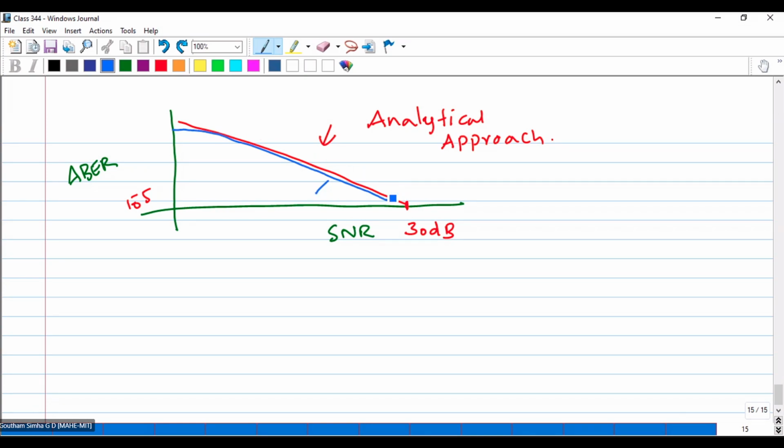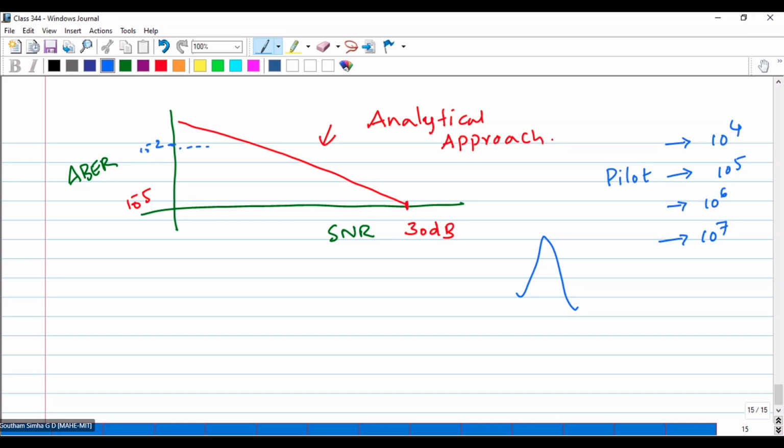Now, how much more, how much less? That is your question. It depends on how many pilot symbols you have trained: 10 to the power of 5, 10 to the power of 6, or 10 to the power of 7. If fewer than 10 to the power of 4 symbols have been transmitted to fit a distribution, then your upper bound will be a loose upper bound. Somewhere at 10 to the power of minus 2 you will catch up, but approximately it will match for higher SNRs.